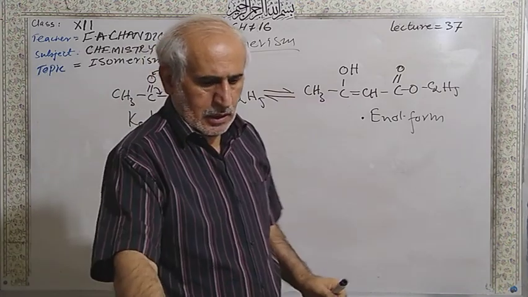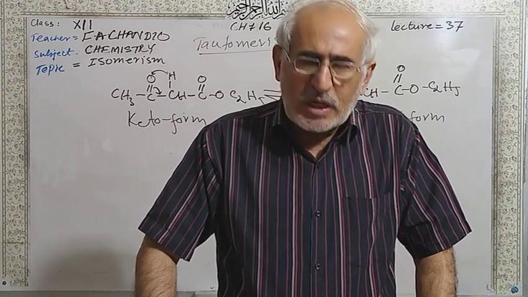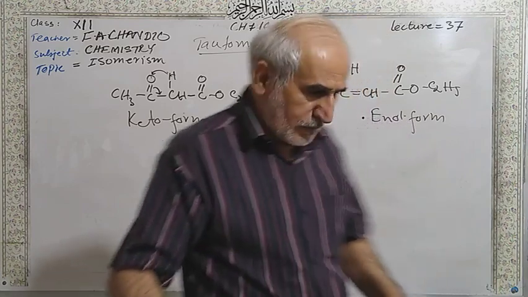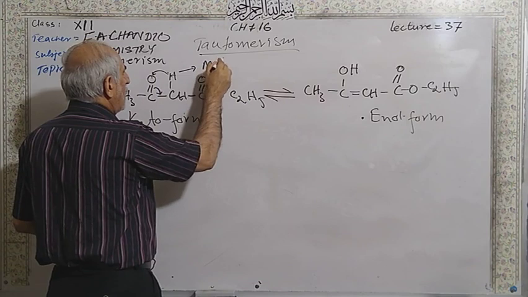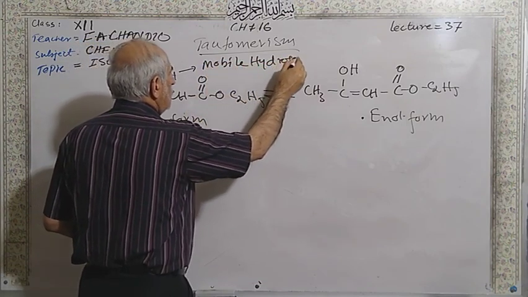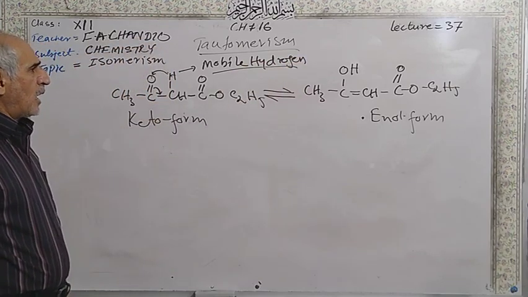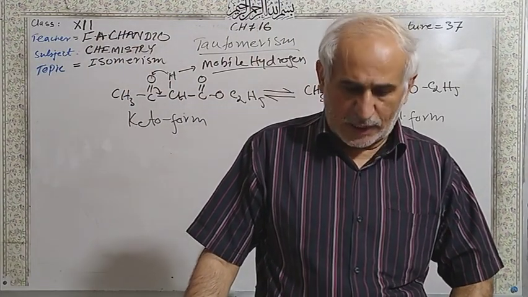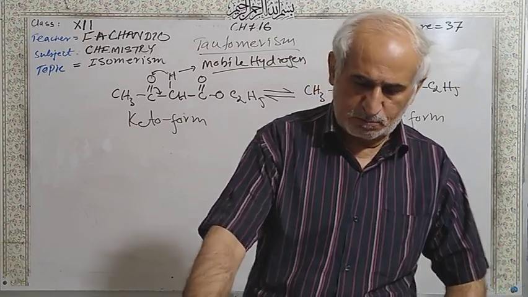You will get the enol form. This hydrogen is called mobile hydrogen, because it is moving from one carbon to the oxygen atom. We also call it moving hydrogen. So this is called tautomerism.